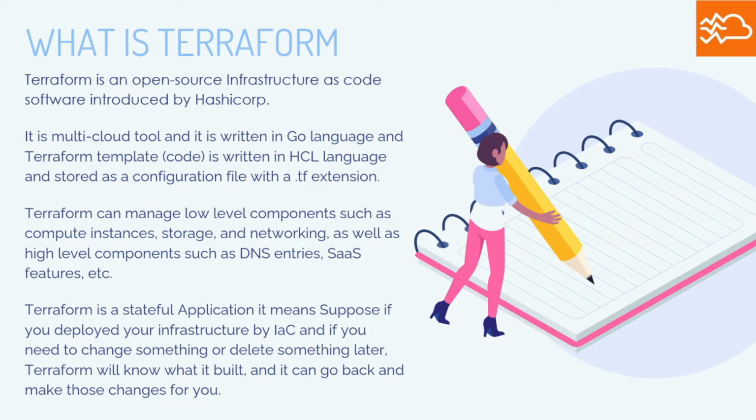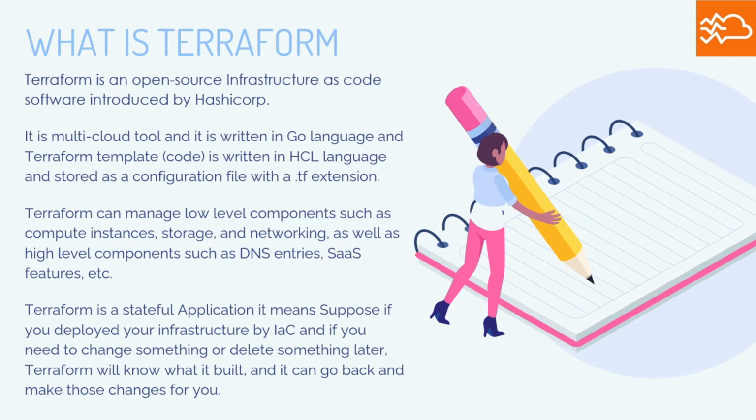Terraform is a stateful application. It means suppose you deployed your infrastructure by infrastructure as code, and if you need to change or delete something later, Terraform will know what it built, and it can go back and make those changes for you. It means Terraform is provisioning. It can create, it can update, and it can also delete the infrastructure whatever it has created.